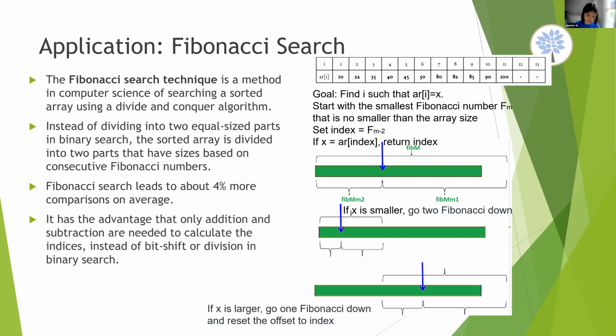There is a generalization to the Fibonacci sequence, which produces negative Fibonacci numbers. The Fibonacci search technique is a method in computer science of searching a sorted array using the divide and conquer algorithm.